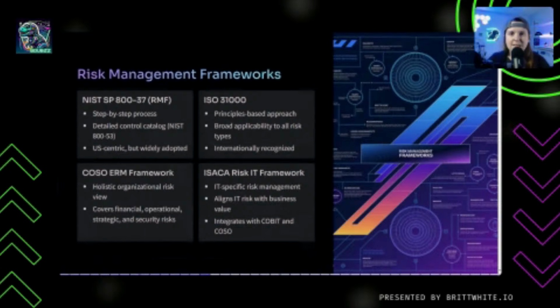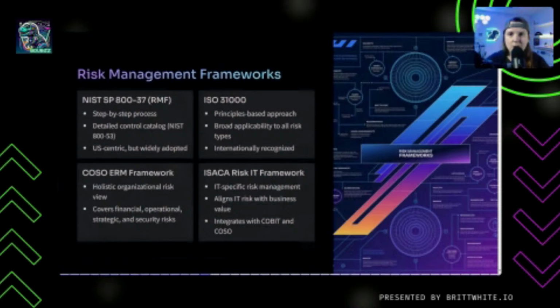This framework provides a step-by-step process, a detailed control catalog with NIST 800-53, and comprehensive guidance. This framework is US-centric, but it's widely adopted around the world. The ISO 31000 focuses on a principles-based, broad applicability to all risk types. It's a flexible and internationally recognized standard.